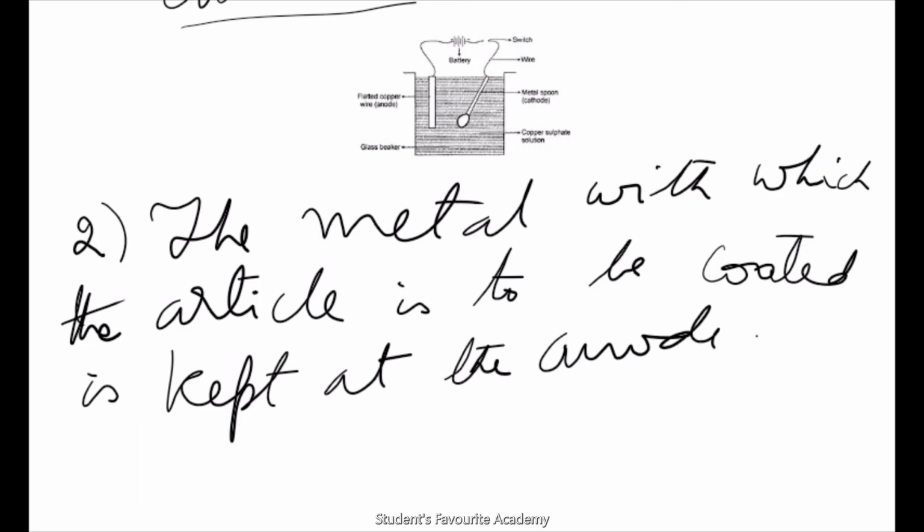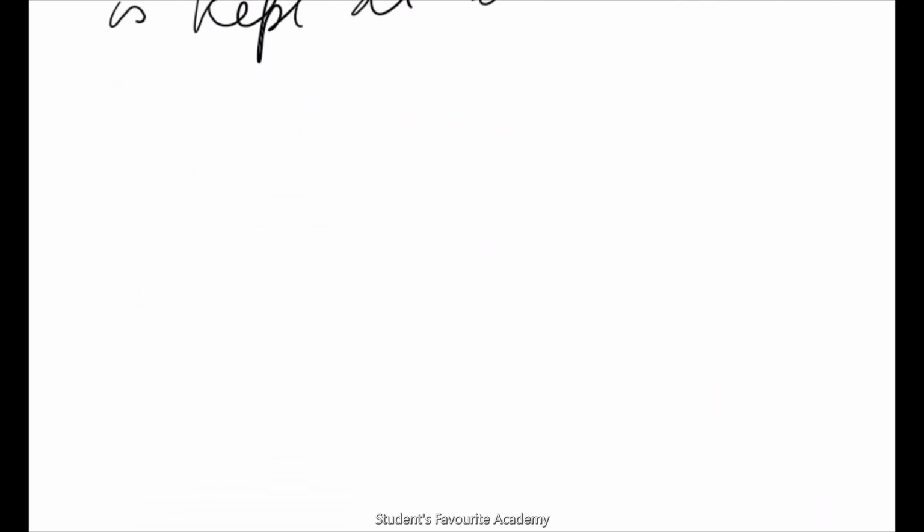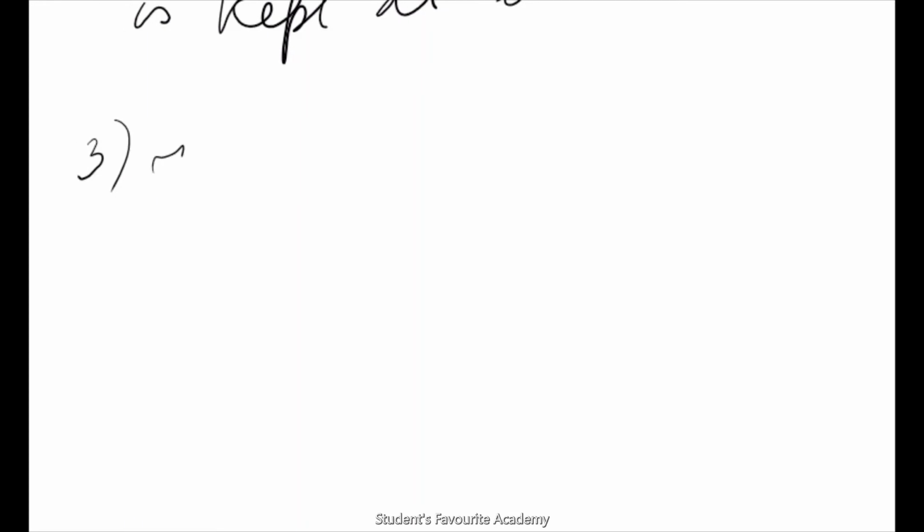Sometimes it may be coated with copper, then the anode will be a copper rod. If it has to be coated with silver, then the anode has to be a silver rod. Or if it has to be coated with gold, then the anode must be a gold rod. If the spoon has to be coated with nickel, then the rod should be nickel, and so on and so forth.